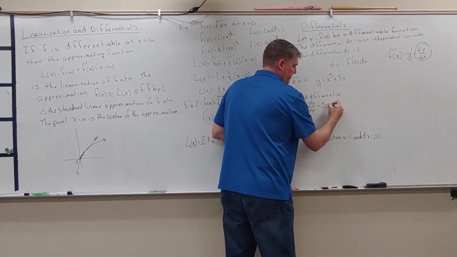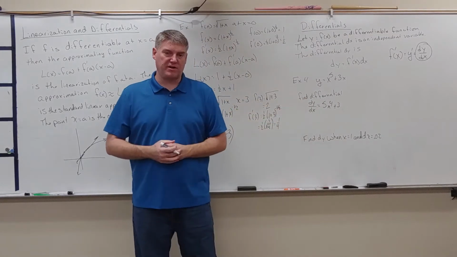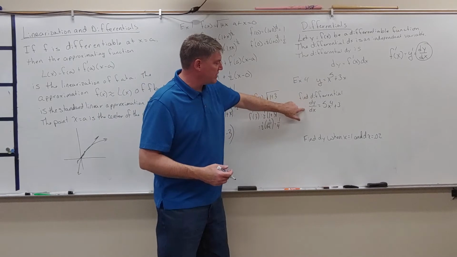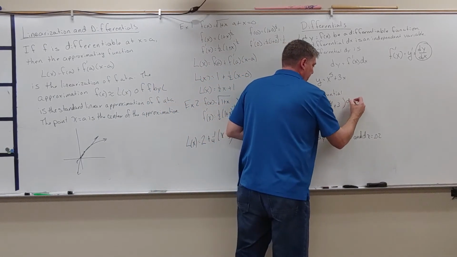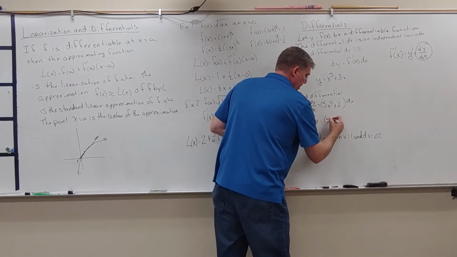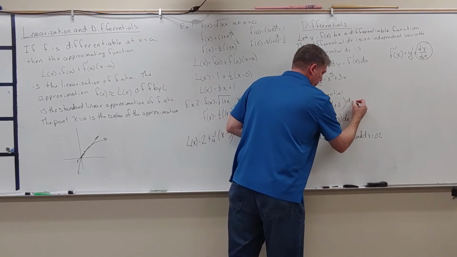And this becomes 5x to the fourth plus 3. Well, what I'm really solving for in differentials is that dy. So I'm going to treat these as variables, and multiply over by dx. And so now I have dy equals (5x to the fourth plus 3) times dx.